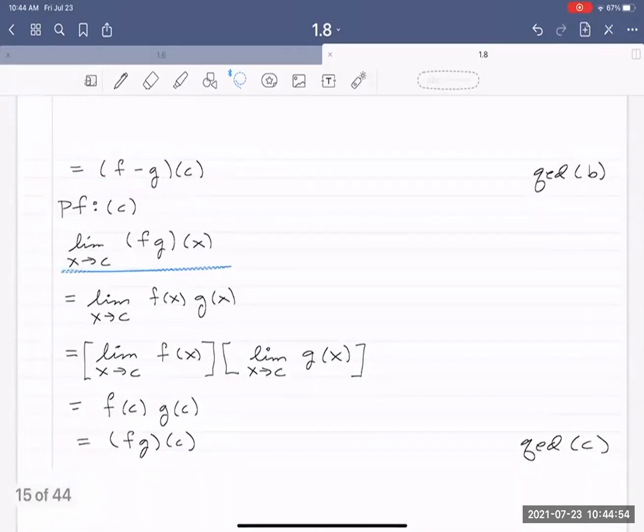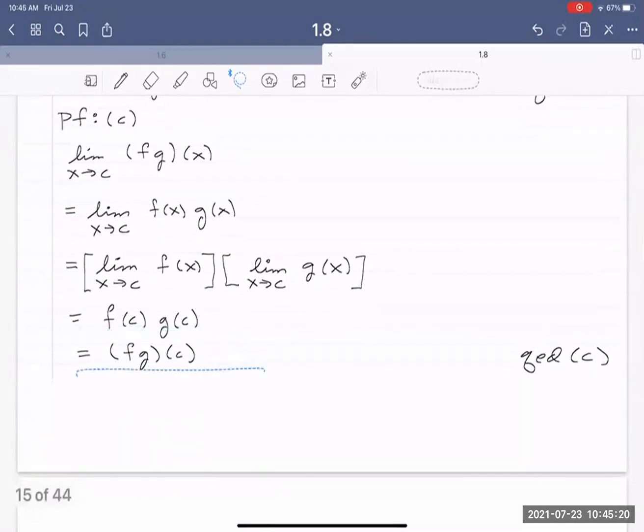The limit as x approaches c of (f times g)(x) is equal to the limit as x approaches c of f(x) times g(x), which by the theorem in section 1.7 is equal to the limit as x approaches c of f(x) times the limit as x approaches c of g(x), which is equal to f(c) times g(c), which by the pointwise definition of product is (f times g) evaluated at c. And that's what we wanted to show.